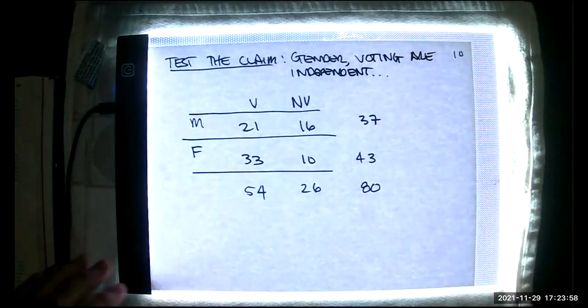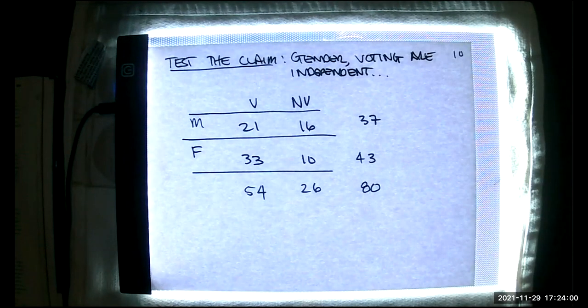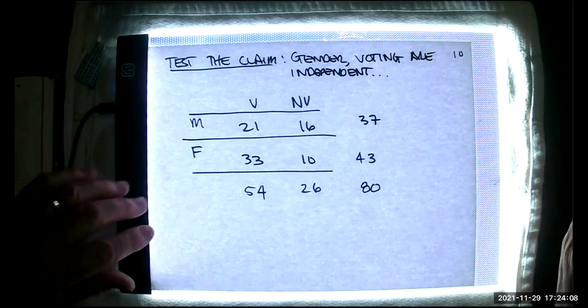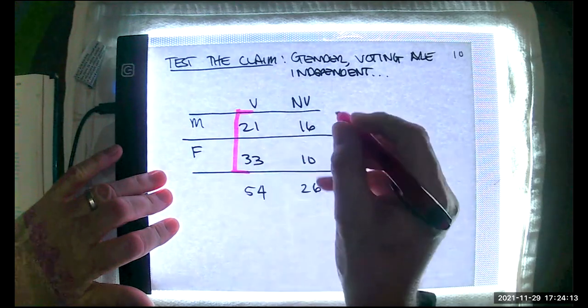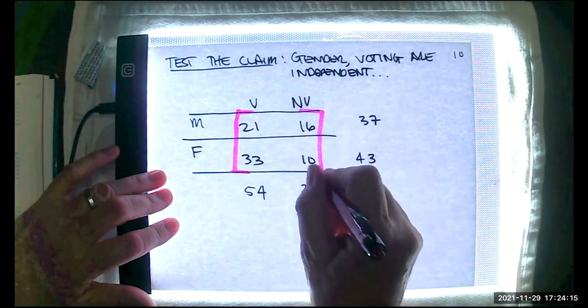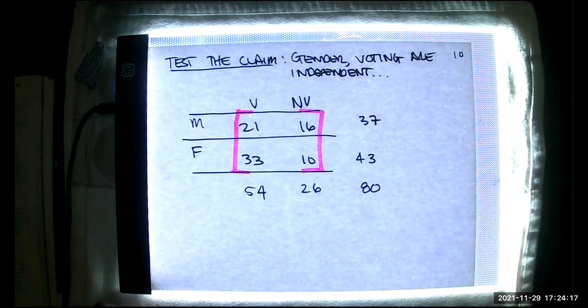So let me come back to that data set about voting and not voting. Gender and voting are independent. That's my claim. There's my data set. My matrix is this guy right here. You've seen me carve it out on a previous screen.